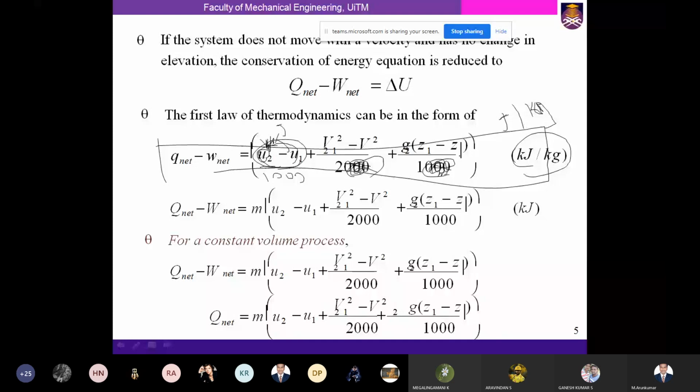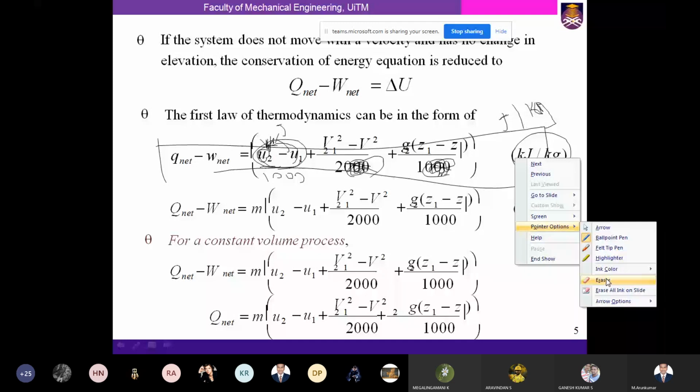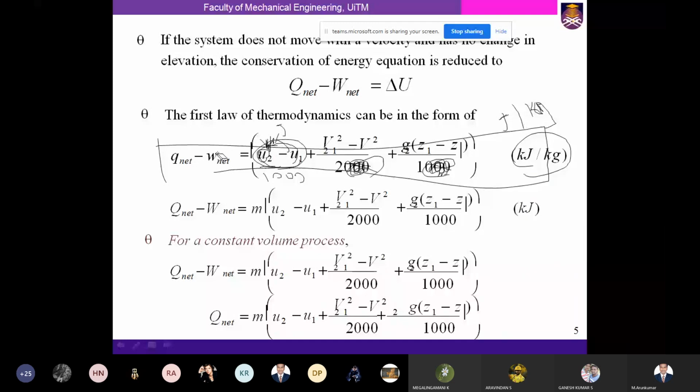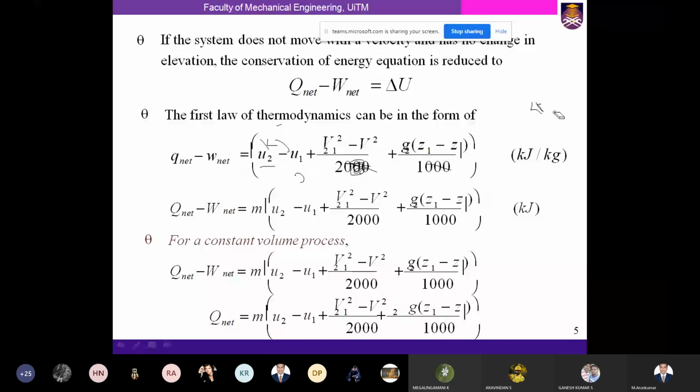If you use this equation straight away, you want to substitute the internal energy values in kilojoule, the specific volume will be in meter cube per kg, then the g value, then the Z value will be in meter.